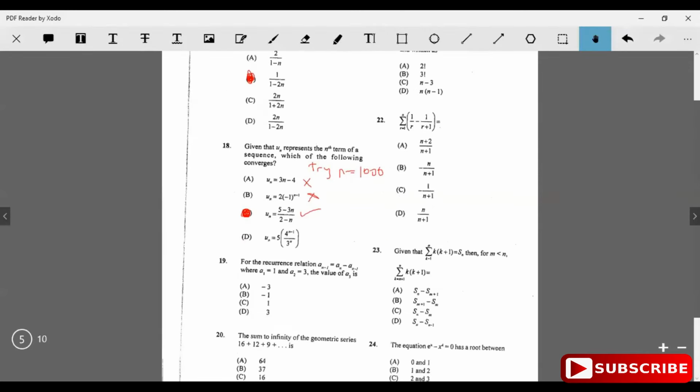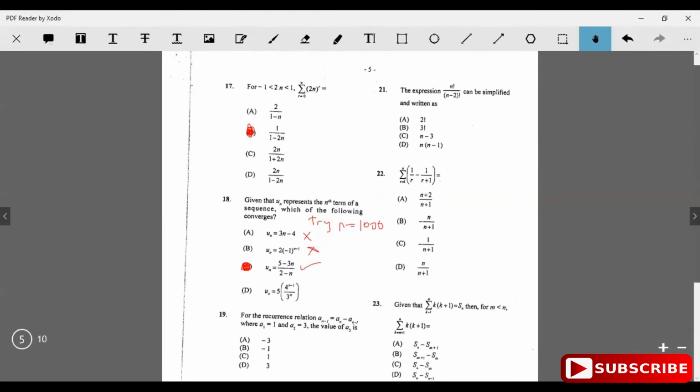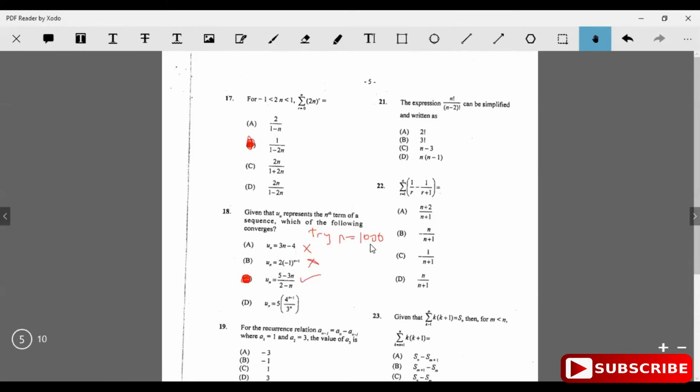Question 9. When I say 2 minus 1,000, you get negative 998. So when I plug in n equals 1,000, what's the answer I get for u_n?